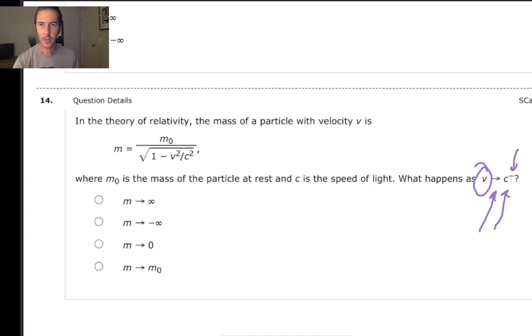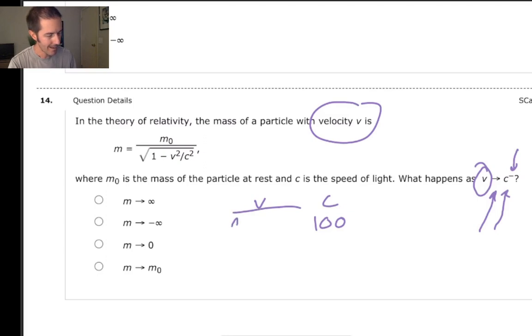Let's say that the speed of light is 100 miles per hour. It's a lot faster than that, I know, but it doesn't matter. And if your velocity, v, is approaching the speed of light from the left, then if this is your c value, then your velocity value might be 99.999.